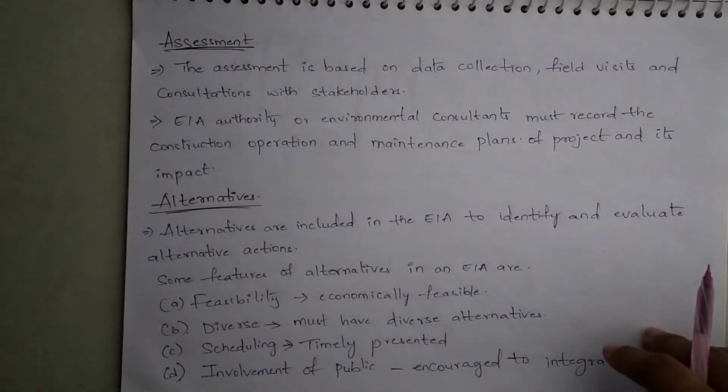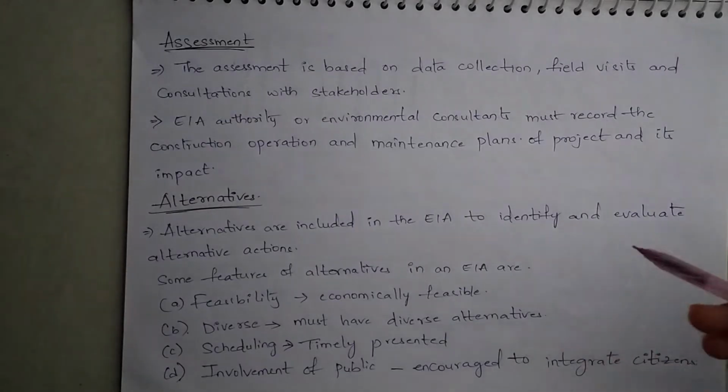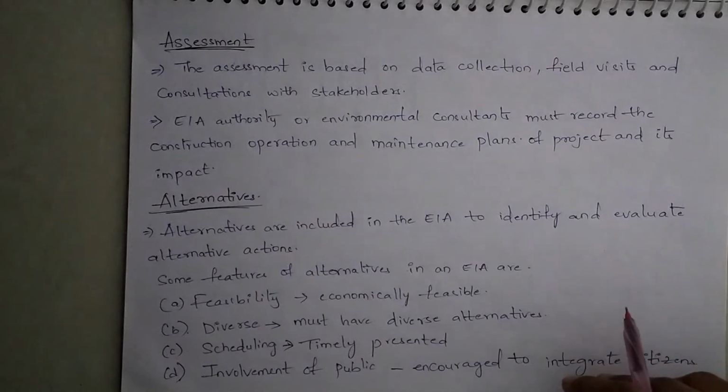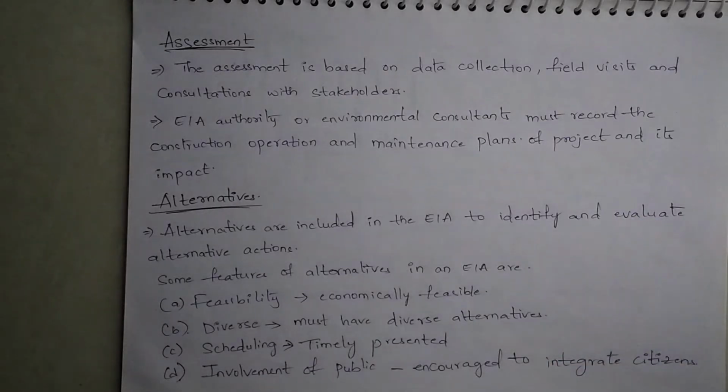The EIA authority or environmental consultants will also record the construction, operation and maintenance plans of the project, and they also find the negative impact of the project on the ecological domain, that means living organisms, and suggest alternatives for the site selection as well.